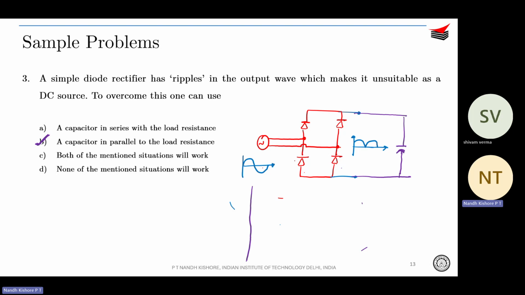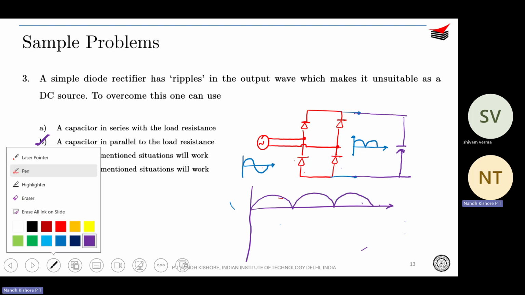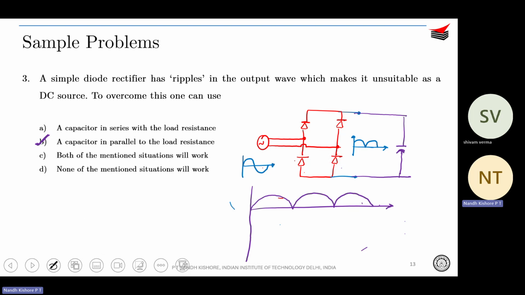So this is your profile. What you would see is that initially the capacitor would charge up till the peak, and it would not fall down.